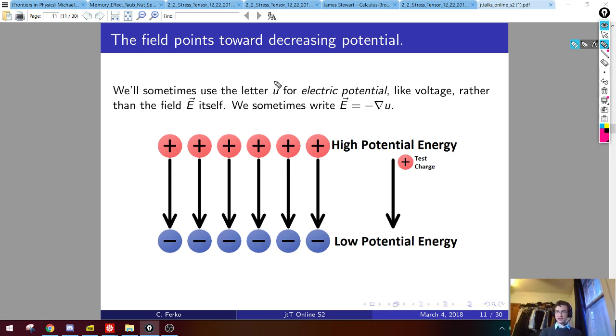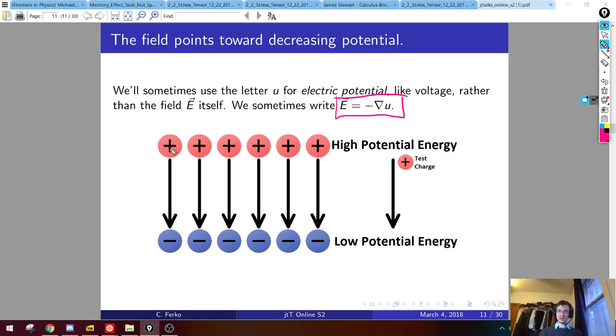In the following slides, I will use the letter U for this potential. In equations, we write this as the electric field E equals minus this upside down triangle acting on U. All that equation means is that the electric field points from high potential energy to low potential energy. The triangle just means the direction of change, and the minus sign means we're going from high to low rather than low to high.